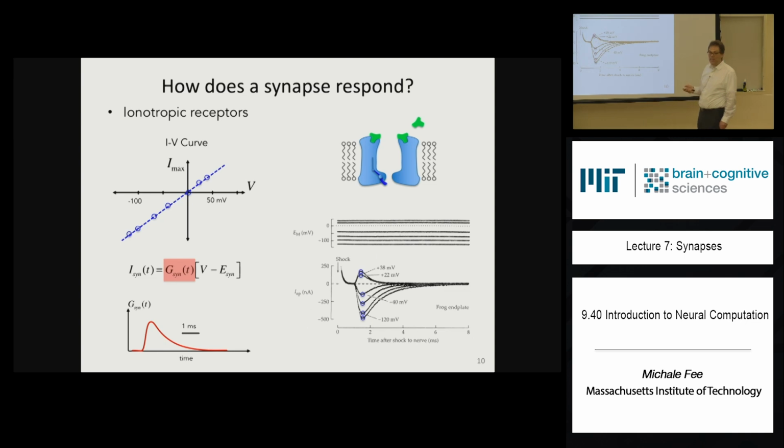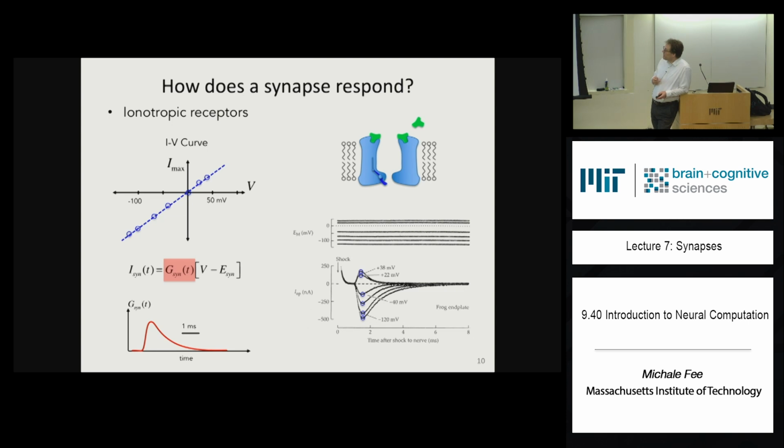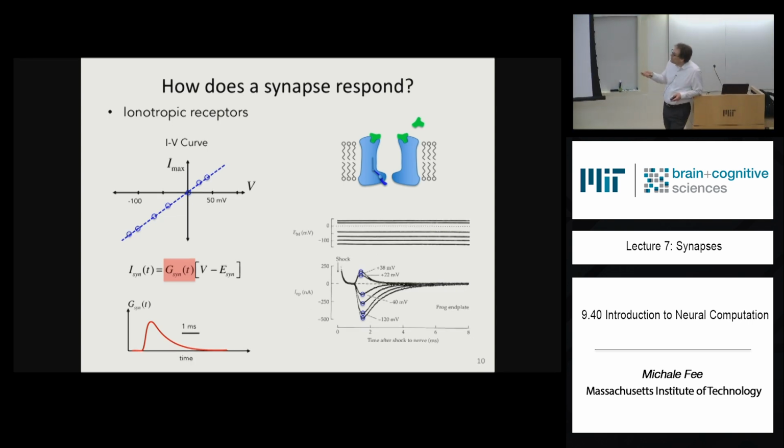What's turning this thing on is a neurotransmitter binding. And what turns it off is not inactivation, it's the fact that the neurotransmitter falls off. But it has the same time dependence. It's just different mechanisms.